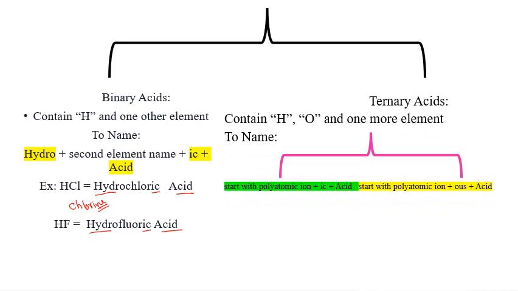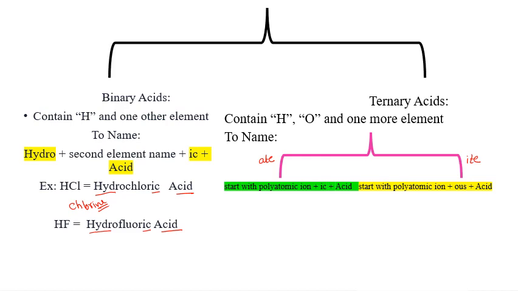And now, ternary acids that contain hydrogen, oxygen, and one more element. So how can we name them? We have to remember two things in that case. That means an acid that contains a polyatomic ion with a name ending in ate, and an acid that contains a polyatomic ion with a name ending in ite.